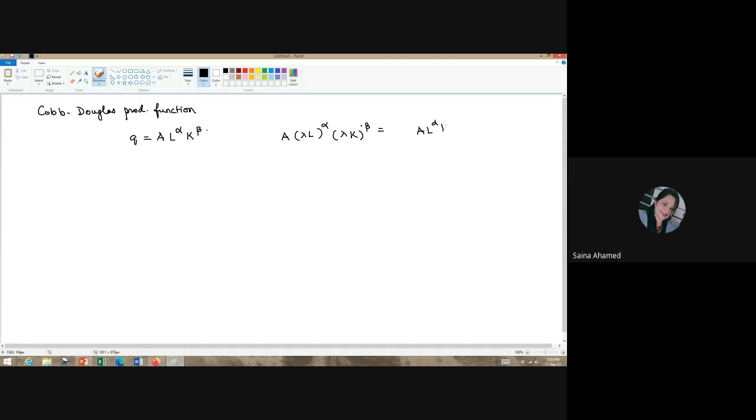So this is A L alpha K beta, and this will be into lambda to the power alpha plus beta. So what is the degree of homogeneity? It's alpha plus beta.